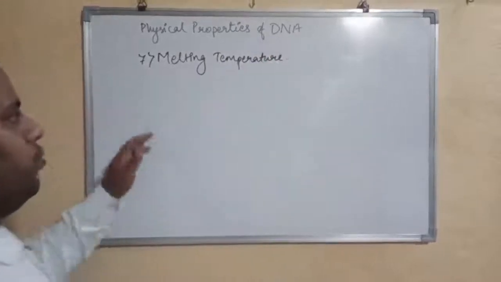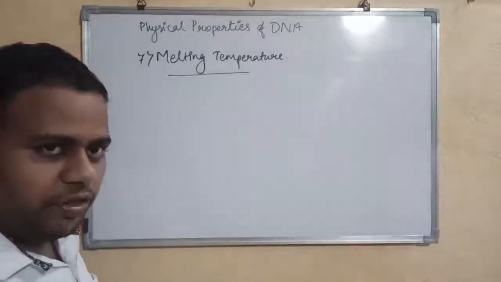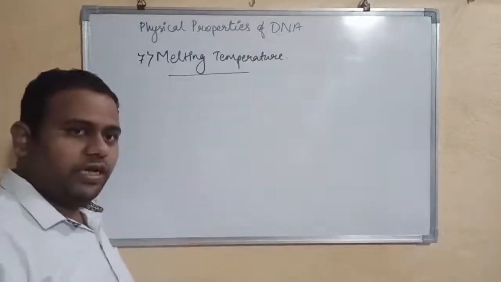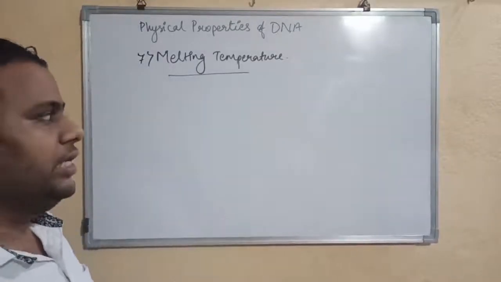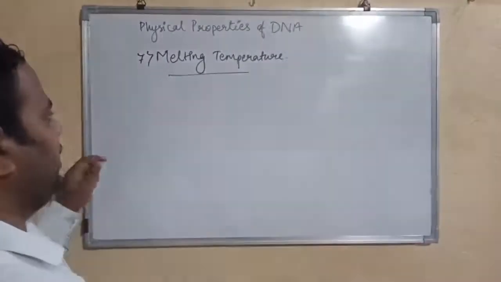Melting temperature is also one of the parameters by which you can determine the complexity of the DNA, or what are the constituents of the DNA, meaning what is the GC content in that. All these things we can determine by melting temperature. So what is melting temperature?